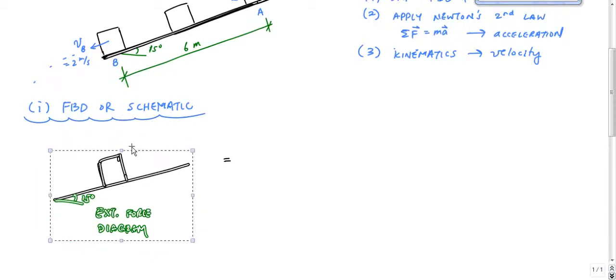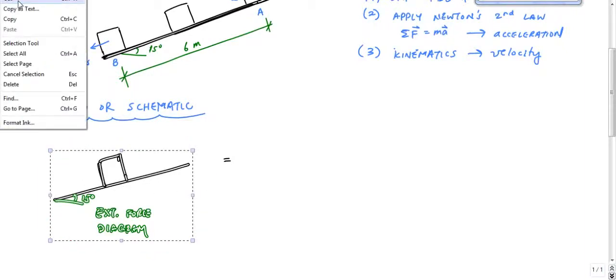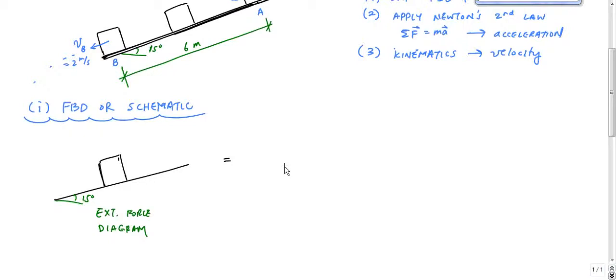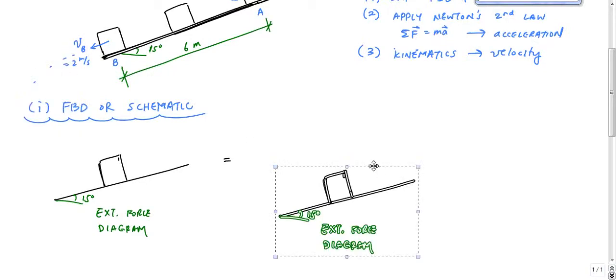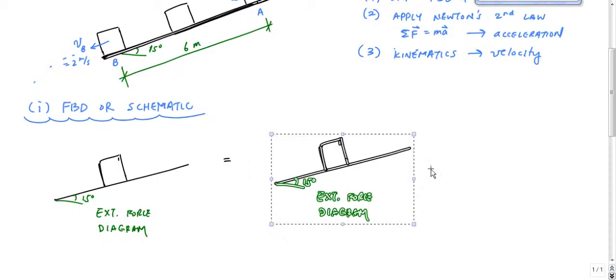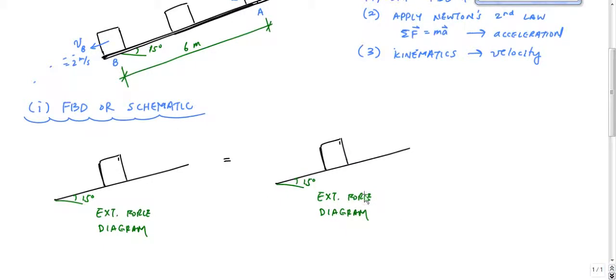Fortunately, I have a computer kind of deal right here, and I can just paste it onto here and move it into place. Nice, right there. And I don't need this stuff right here. This side of the equation will be my inertial diagram.